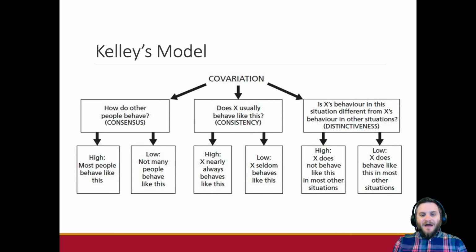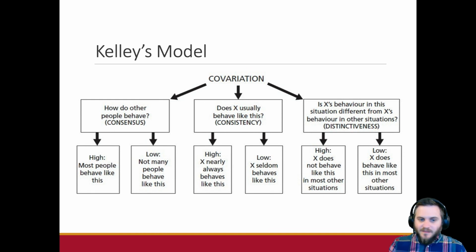Okay, so something about that person is leading me to think about them in this way. That's an internal attribution. External attributions put more emphasis on the situation. So what ends up happening is you end up having low consensus, low distinctiveness, and low consistency. So not many people behave like this.